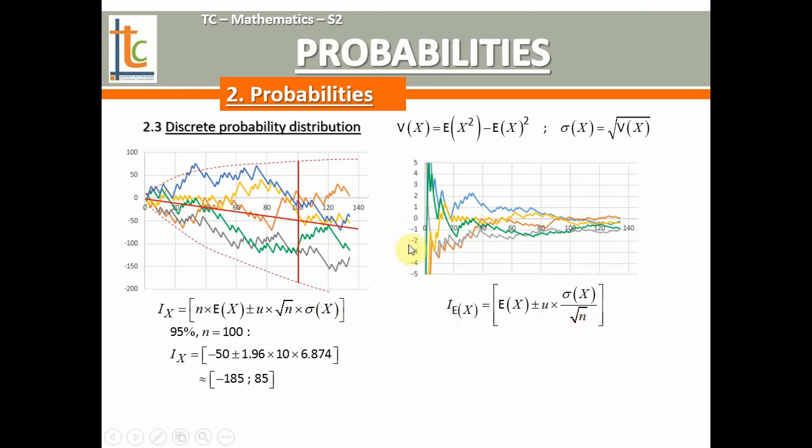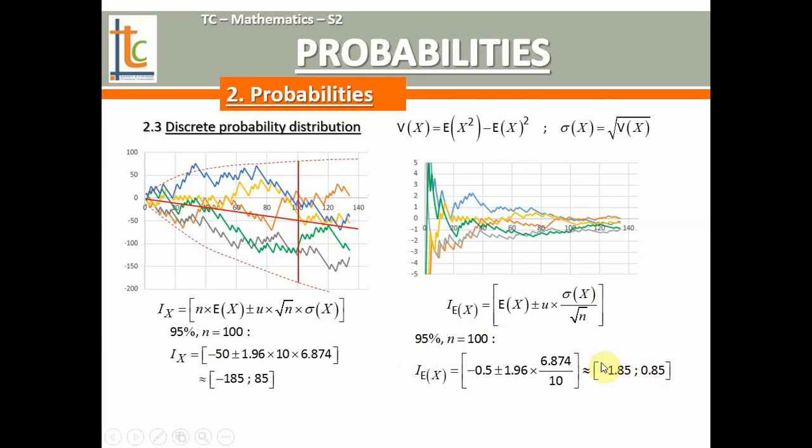That's why the possibilities and the variability tend to tighten as n increases. So this kind of interval leads to this calculation with the same example, the same numerical application.